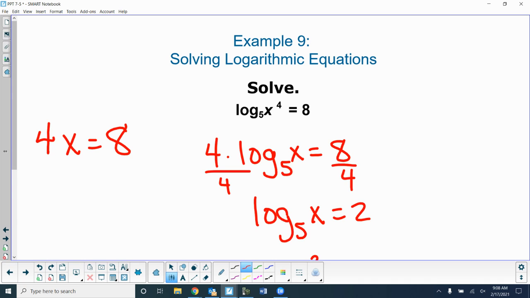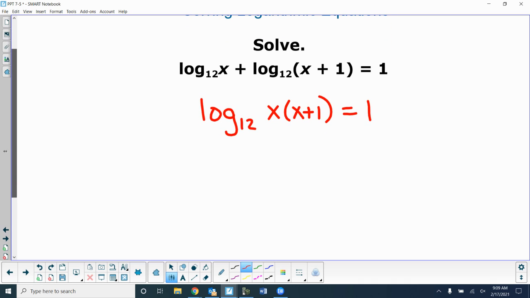When we had it a single log, we knew it was 5 to the second, right? On that one, what's this one? 12 to the first, right? X times x plus 1 equals 12 to the first.